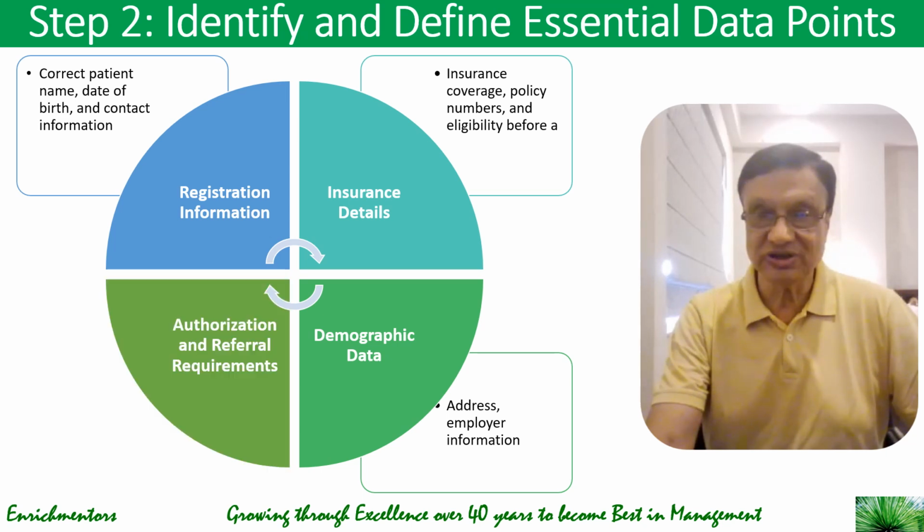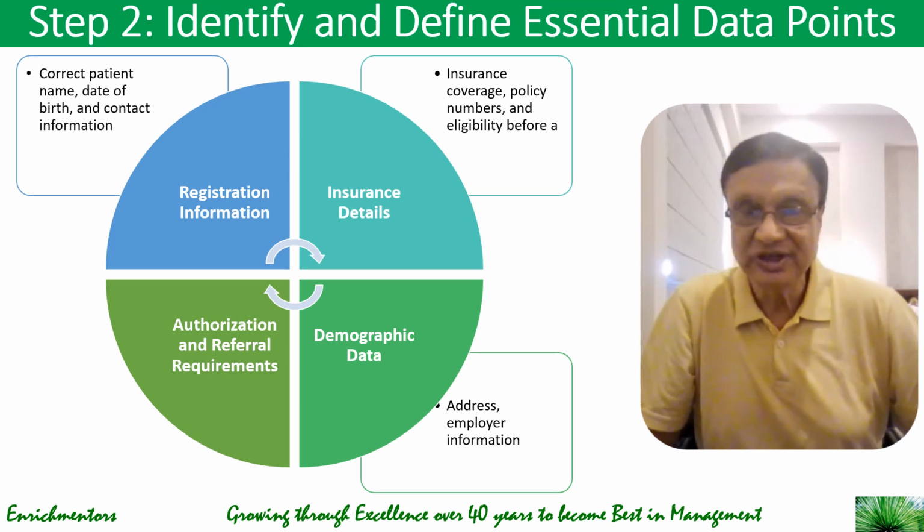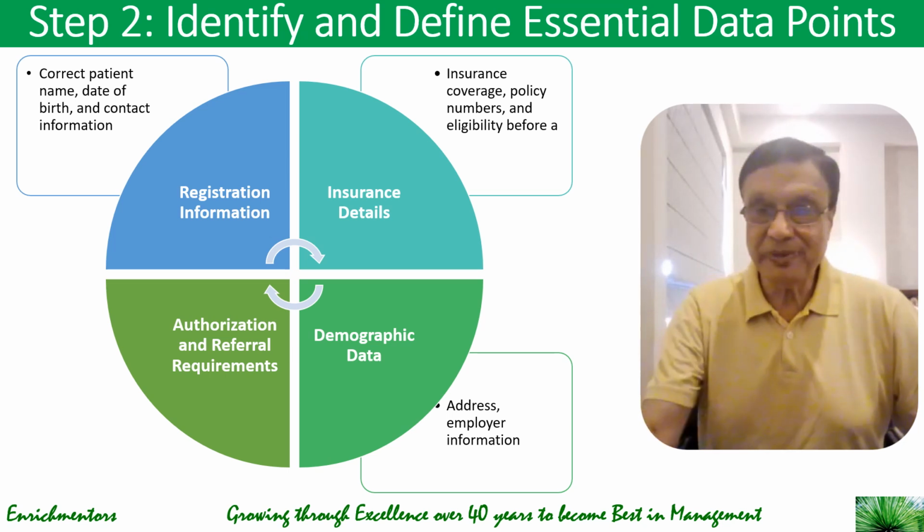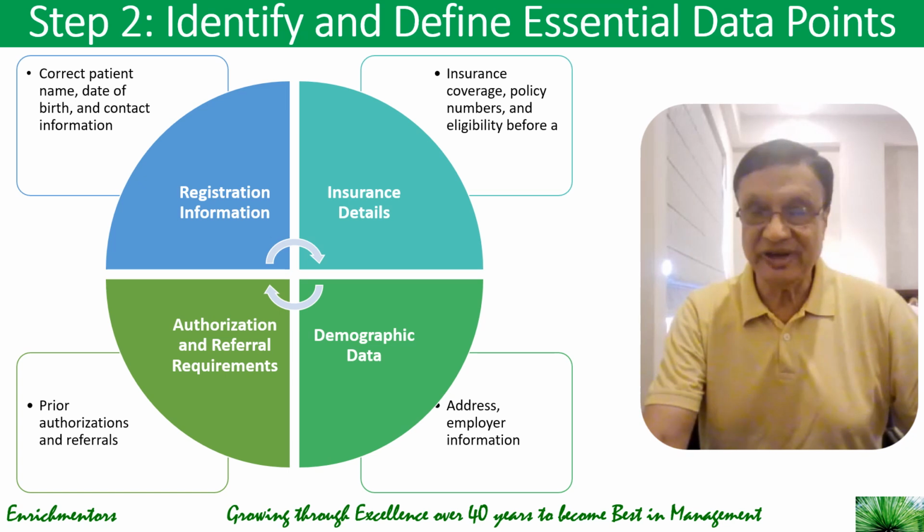And fourth is authorization and referral requirements, where you need to clarify the need for capturing prior authorizations and referrals, which, if missing, can result in denied claims for certain services. So that's the second step of identifying and defining the essential data points.